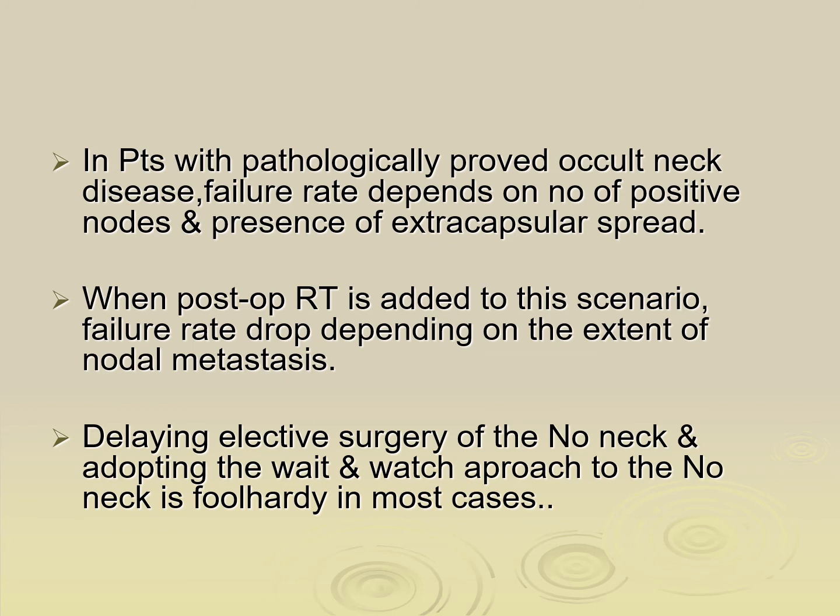When the patient comes to the clinic with a lesion on the buccal mucosa or tongue anywhere, first we send the patient for clinical examination and assessment of the nodes, where the nodes are involved, everything we check.